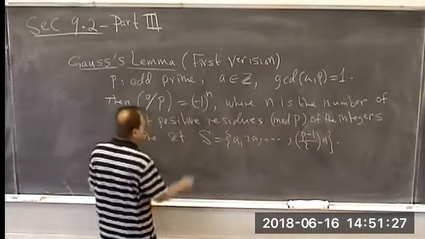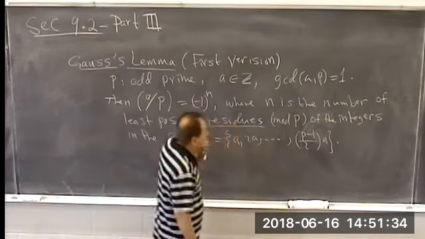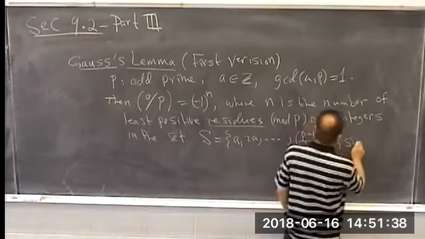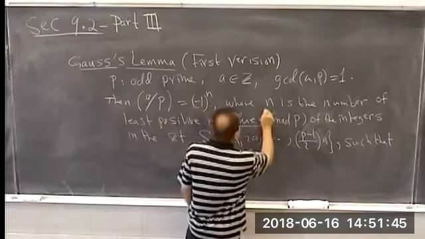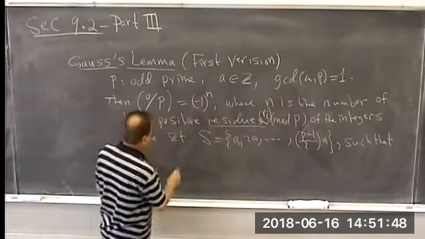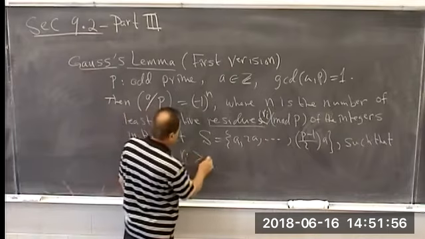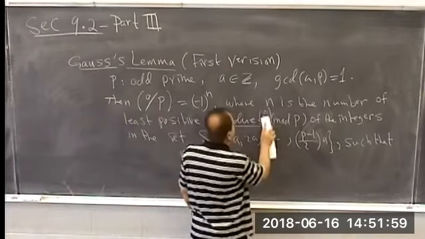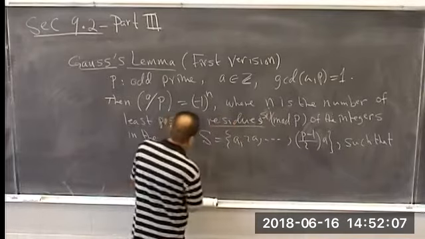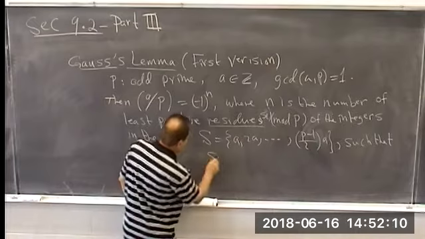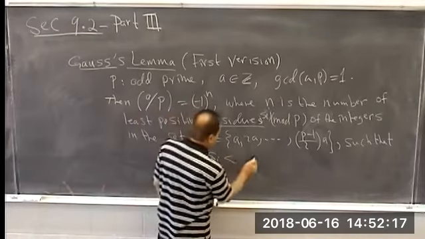Or remember, we use the word instead of residue, the remainders, when we divide the elements of S by p, and such that these residues, let me call them s sub i, are bigger than p over 2, and of course they are less than or equal to p minus 1.